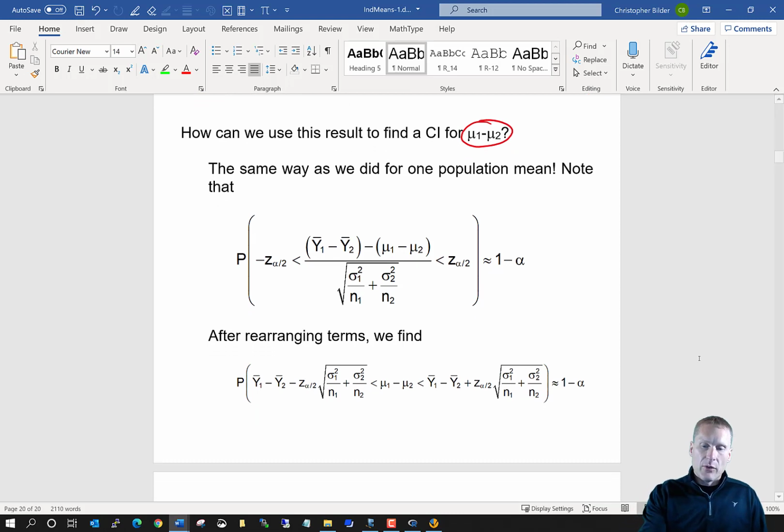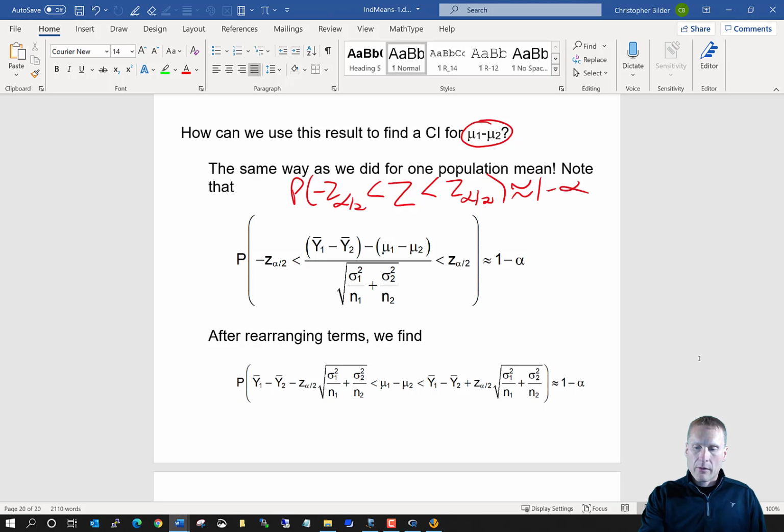Back in the past, we looked at a quantity such as this, where this z was y bar minus mu over the square root of sigma squared divided by n. We can do essentially the exact same thing here.